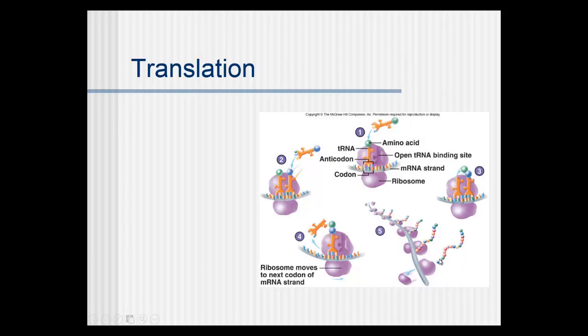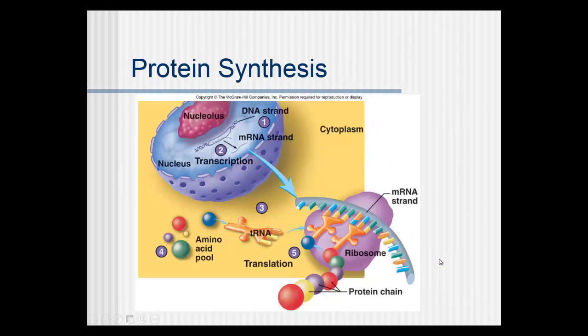So, summing up the process, the nucleus is where we find DNA. Messenger RNA travels from the nucleus to the cytoplasm and binds with the ribosome. So messenger RNA, again, is formed in the process of transcription, when we're taking the DNA strand, unwinding it, and making a single strand of messenger RNA.